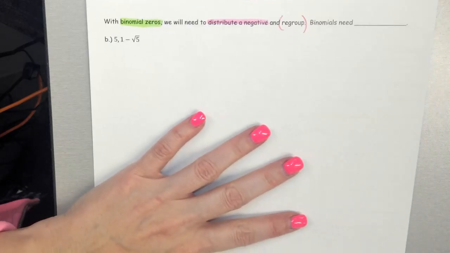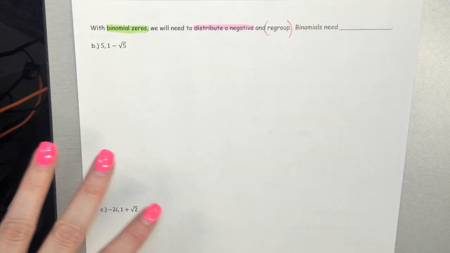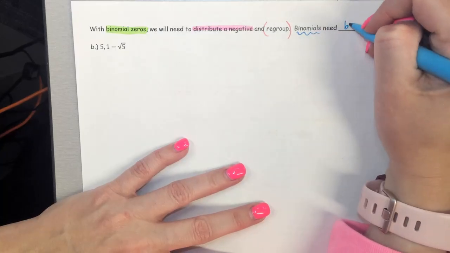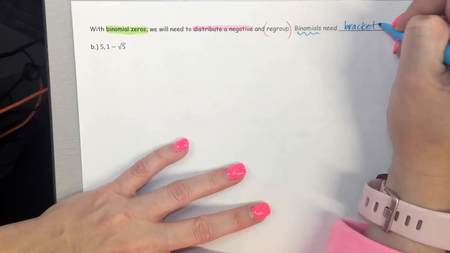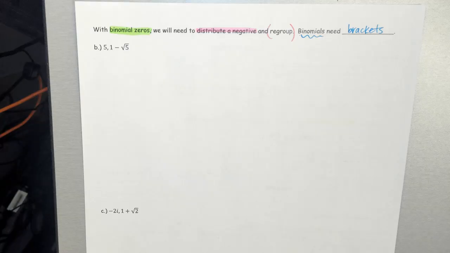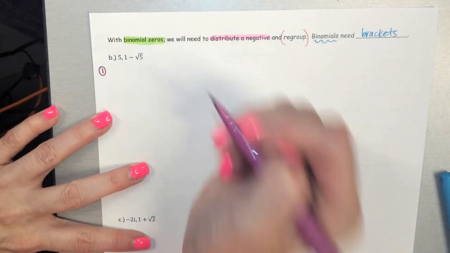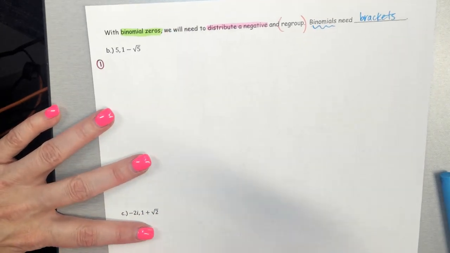An easy way to remember that you need to do something extra is that the binomials need to have brackets, because we're going to do a few steps with this one. So the first step is to list what zeros you have.